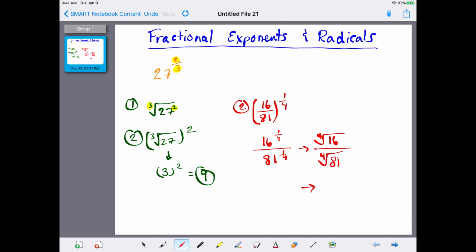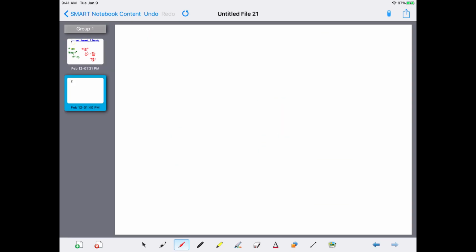And we know that the 4th root of 16 is just equal to 2, and the 4th root of 81 is equal to 3. And we're done. Let's just do a couple more examples.